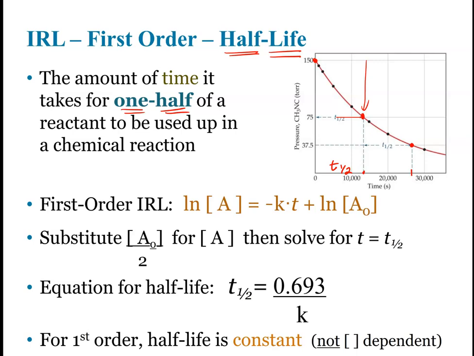But if you think about what the half-life is telling you, if you know the value for the half-life of a reaction, it's going to give you an idea of how rapid that reaction is.